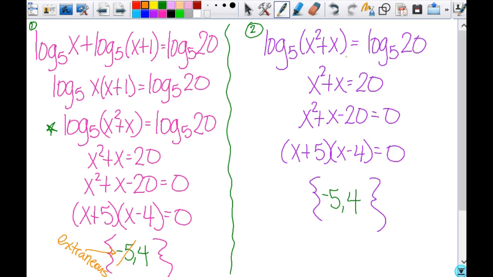So my question, which I couldn't get answered for a couple of days no matter who I asked, was: if these are truly equal, when you look at your condensing and expanding rules, then this equals this, or at least these two. You can multiply them. So if they're equal, then they're the same. So why are my answers different in the end?